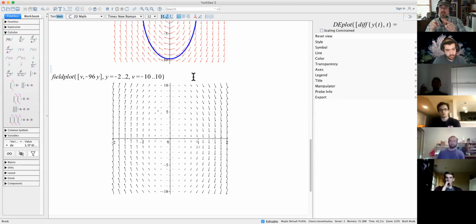Put those two together, and you get the direction on the direction field. And the length of that arrow is determined by the size of the dy dt and the dv dt at that particular location.